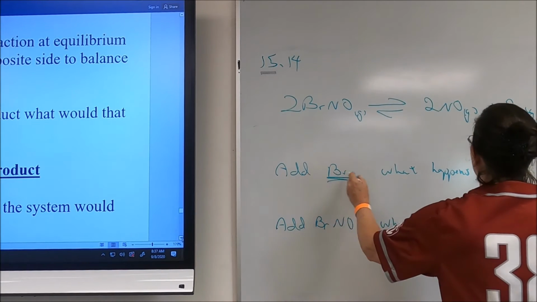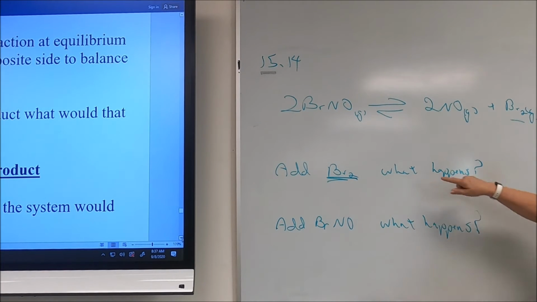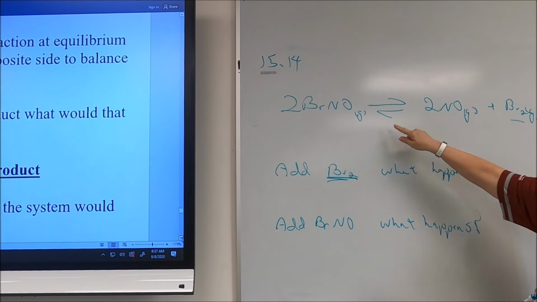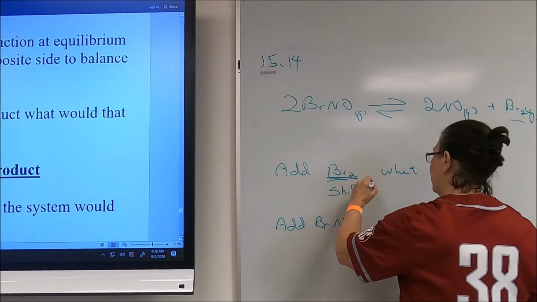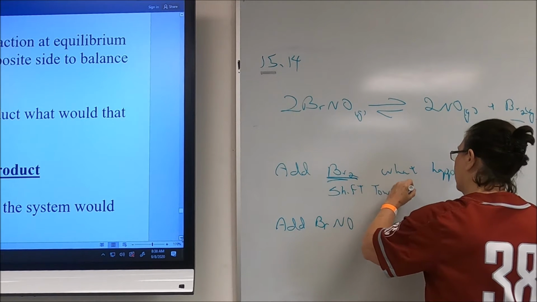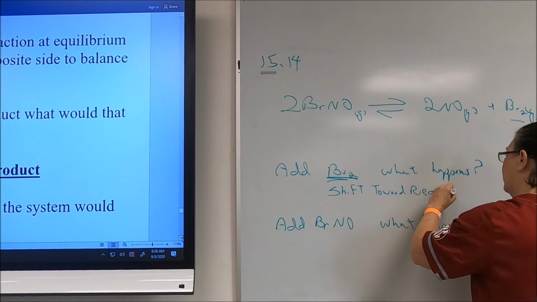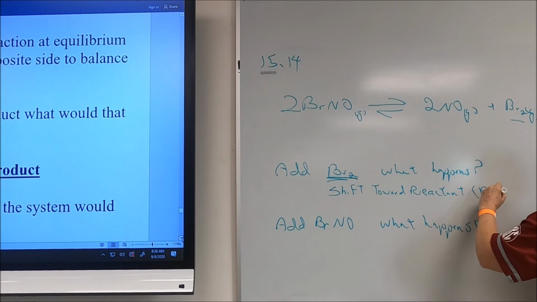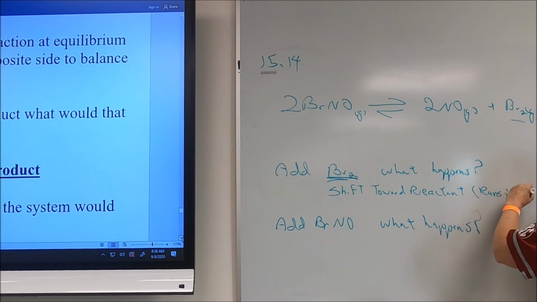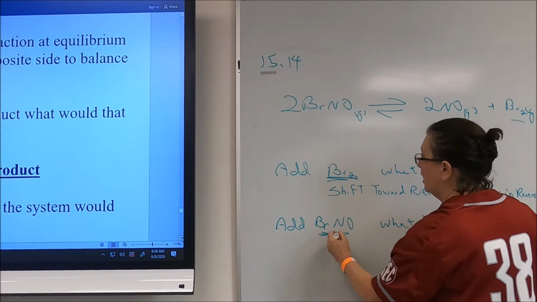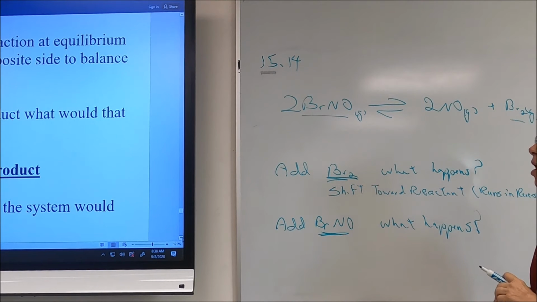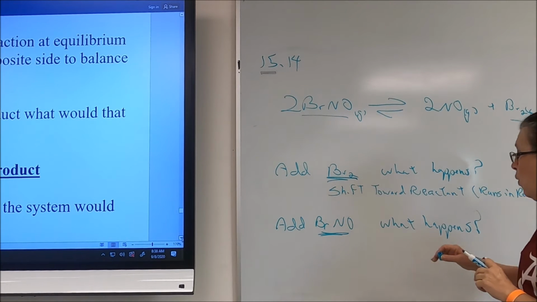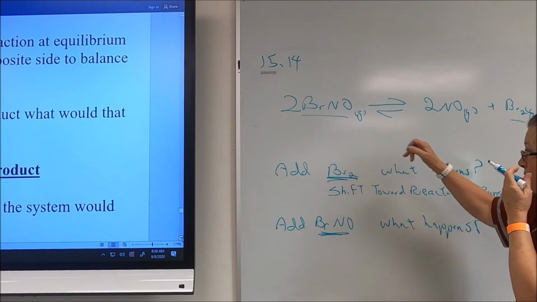Well, bromine is product. So when I add bromine in its product, we're going to cause a shift toward reactant. So it runs in reverse. When I add BrNO, bromine mononitrogen monoxide, what a name, it's going to run in the forward direction.